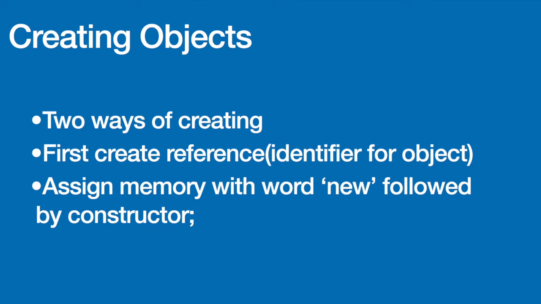The new keyword will allocate memory in stack and initialize the object. And the identifier will be used as a reference. That means it points to the memory where the object is created.